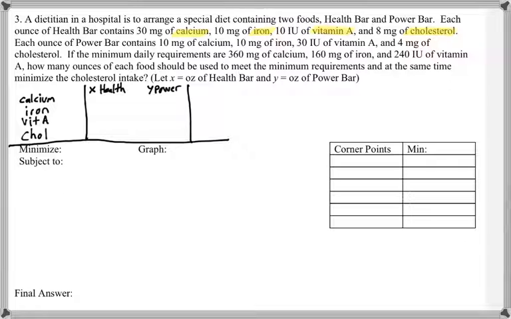So the Health Bar contains 30 milligrams of calcium, 10 milligrams of iron, 10 IU of vitamin A, and 8 milligrams of cholesterol. So that's going to be my first column.